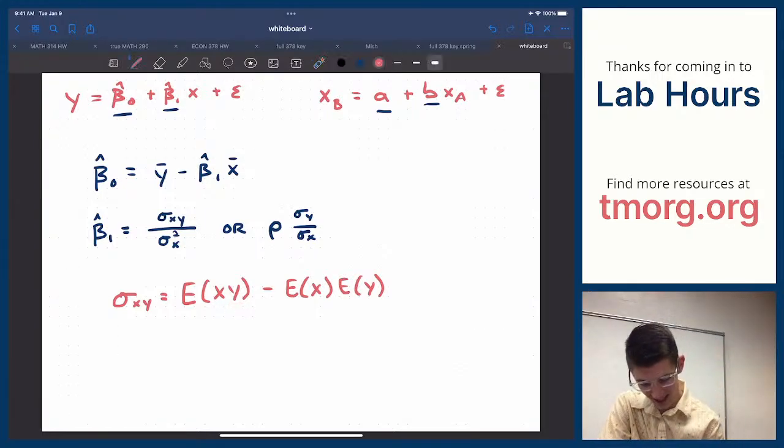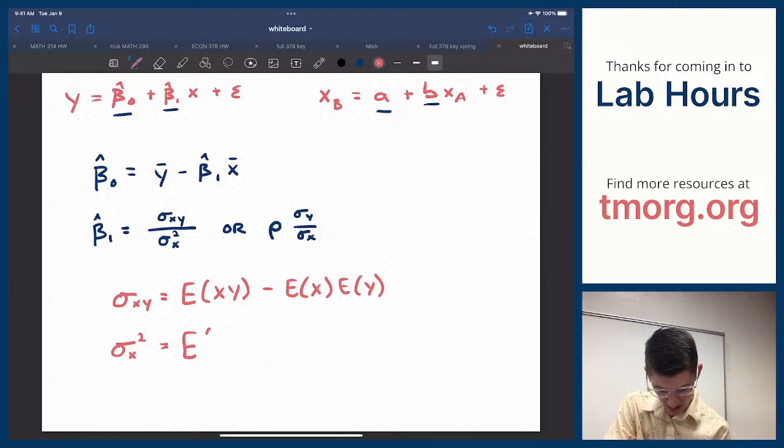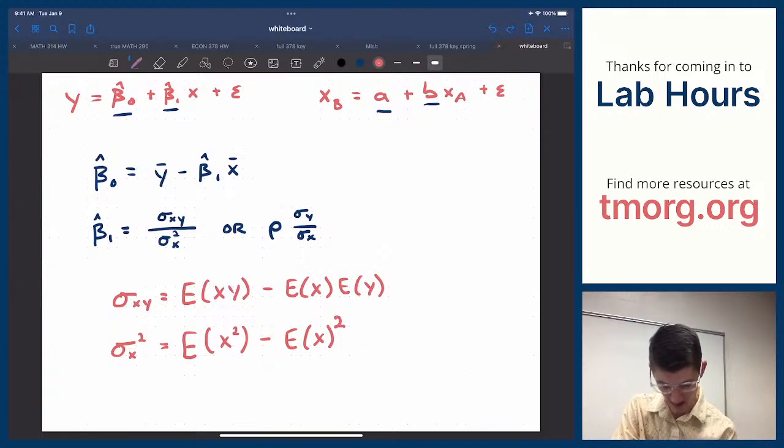Well, the cool thing is that would make this sigma xy into sigma xx, which is just sigma squared of x. That would just be the expected value of x times x, or the expected value of x squared, minus the expected value of x times the expected value of x, or the squared expected value of x.